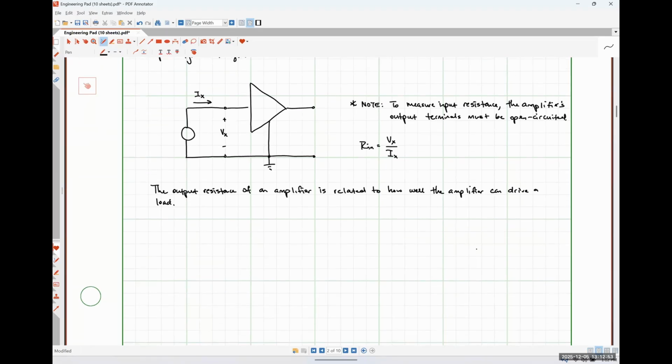So in order to measure the output resistance of an amplifier, I'm going to draw a little schematic representation here really quickly. Starting again with just our basic amplifier circuit, doesn't matter if it's voltage, current, transresistance, or transconductance, it's all measured the same way.